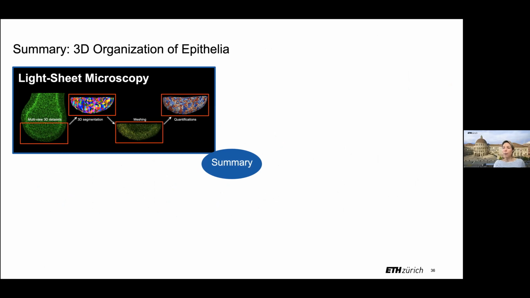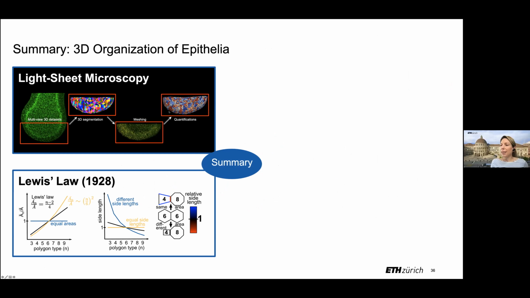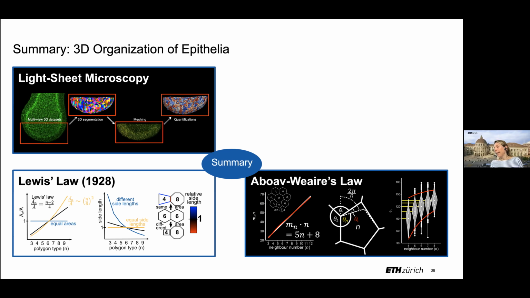And so to wrap up this part, using light sheet microscopy, we can now see the 3D organization of cells in epithelia, and after almost 100 years, we can now understand the origin of Lewis' law. Lewis' law ensures that if you have a polygonal lattice of mixed cross-sectional areas, and the cells follow Lewis' law, you have the most similar side lengths of those polygons, and that means you have the most regular polygons.